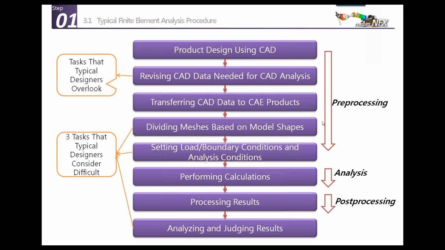So this is what is called the pre-processing. Then performing the calculation, this is the real analysis. So it's in this step that the solver is really acting. Then processing the result is called the post-process. And then the final step, and maybe the most important, analyzing and judging the results. So these three steps are basically the typical thing that the designer think is difficult. So we'll see why.